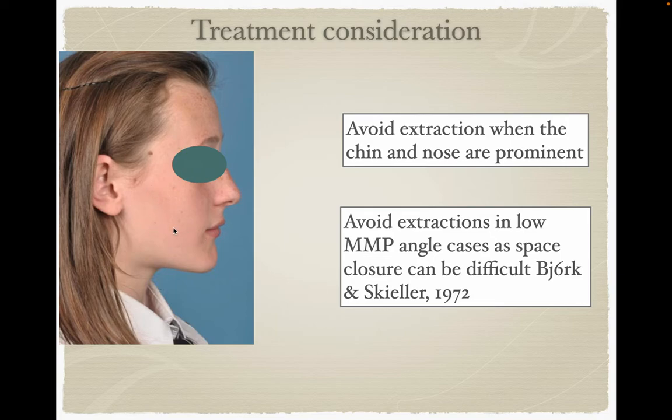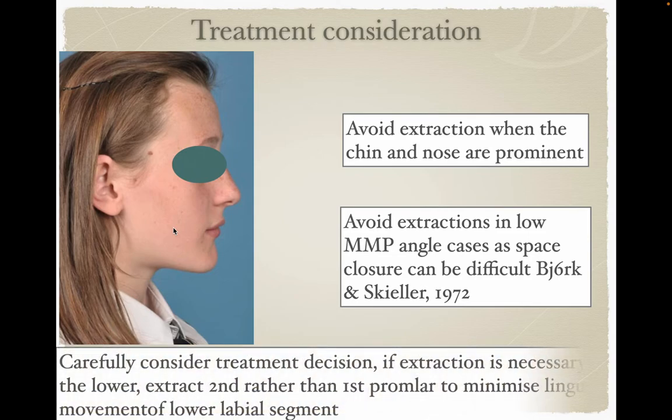Space closure is not as easy as we think. So in the lower arch, try not to extract, and even if you decide to extract because of the crowding, extract the lower 5s rather than 4s to make the space closure easier by the posterior teeth moving forward. I have never done an extraction in the lower arch with Class 2 Division 2 cases.